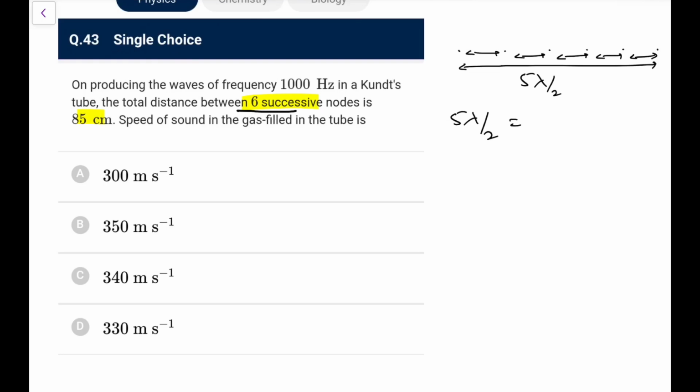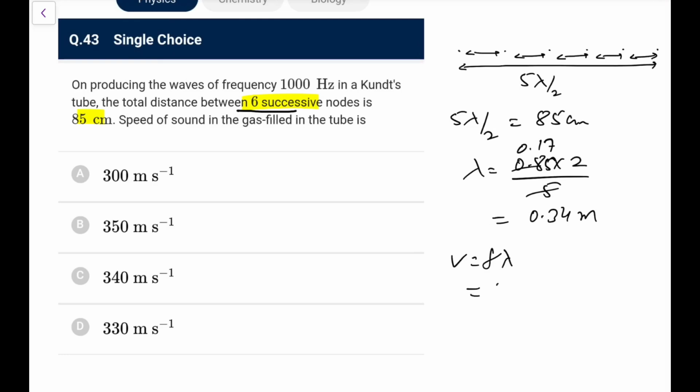So 5 lambda by 2 is equal to 85 centimeters. So lambda comes out as, in meters, 0.85 into 2 by 5, that is 0.17 into 2, 0.34 meters. Now v is equal to f lambda, that is 1000 into 0.34, so it is 340 meter per second. So directly you can go for option C in this particular case. So the answer here is 340 meter per second.